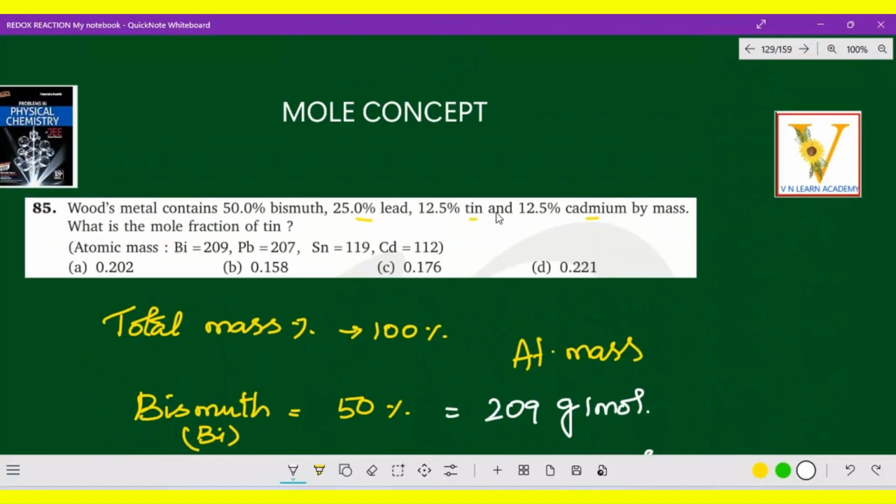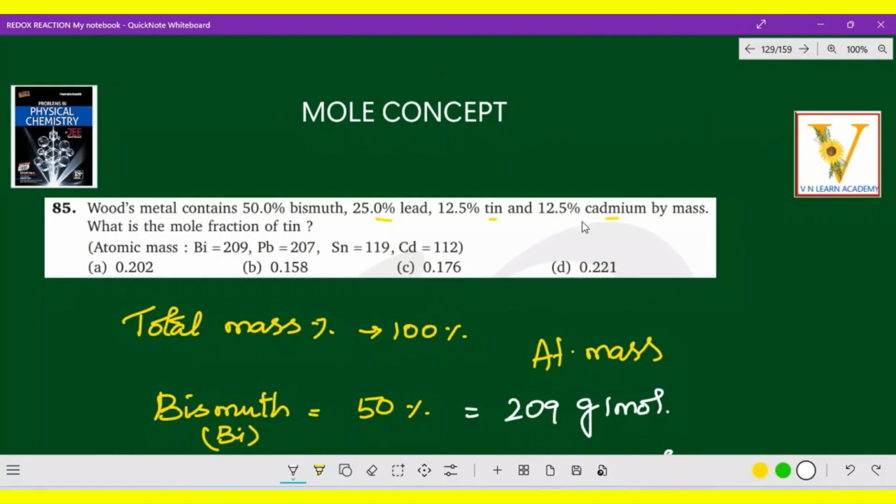Exact answer, 0.1821 only is the correct option.